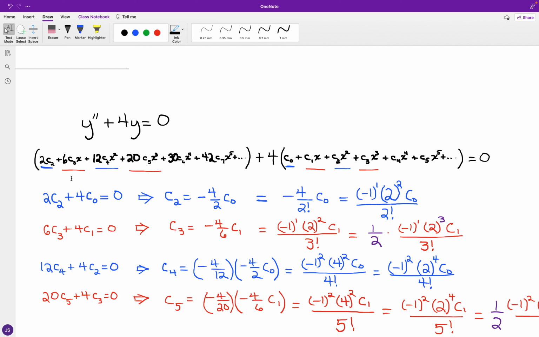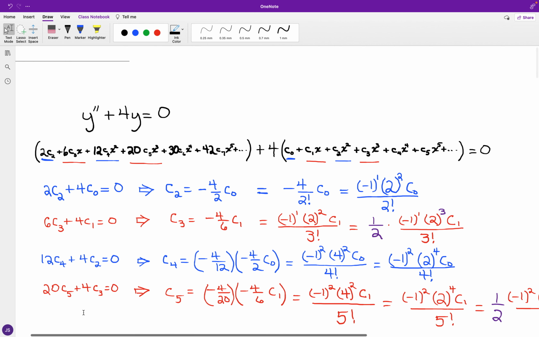And we have 6 c sub 3 x plus 4 c sub 1 x. If I keep just the coefficient portion, I have 6 c sub 3 plus 4 c sub 1 equal to 0. Likewise, in the second degree in x, keeping just the coefficients, I have 12 c sub 4 plus 4 c sub 2, and continuing the pattern for the cubic terms in x, the coefficients are 20 c sub 5 plus 4 c sub 3, setting these equations to 0.